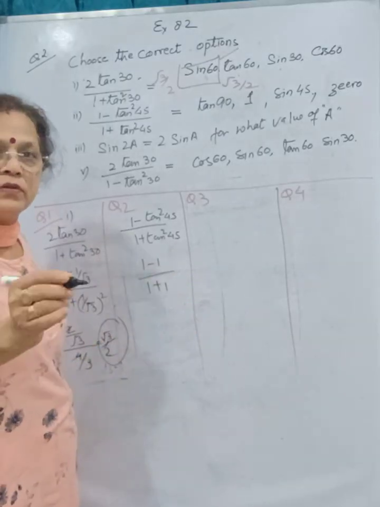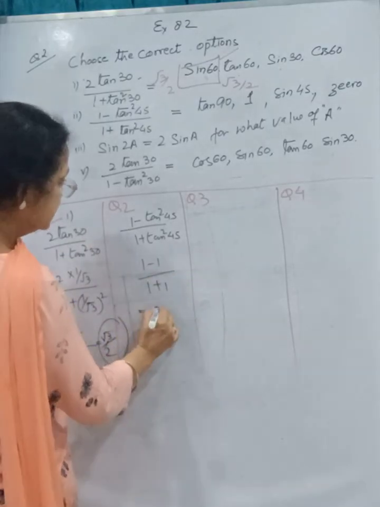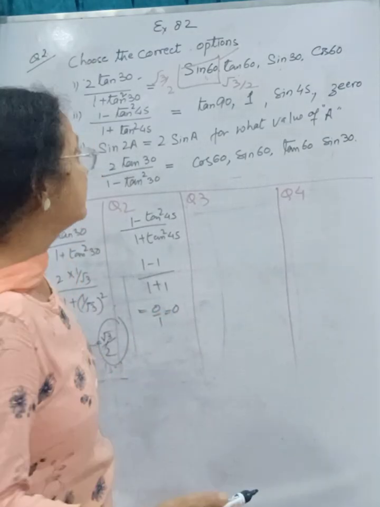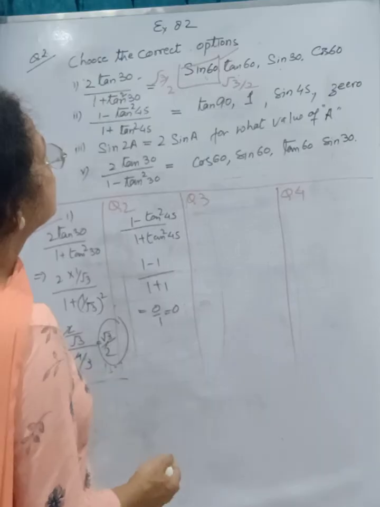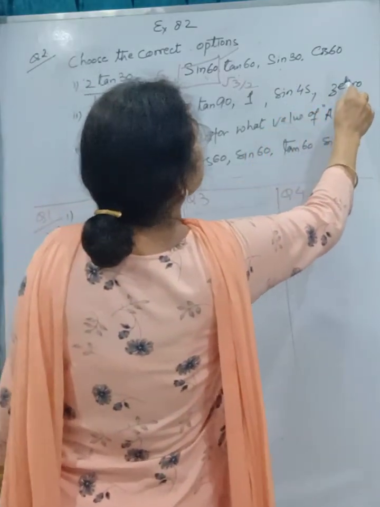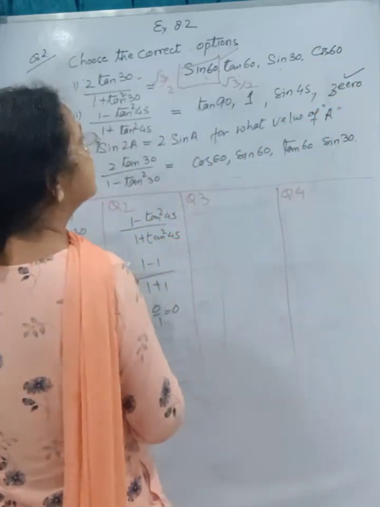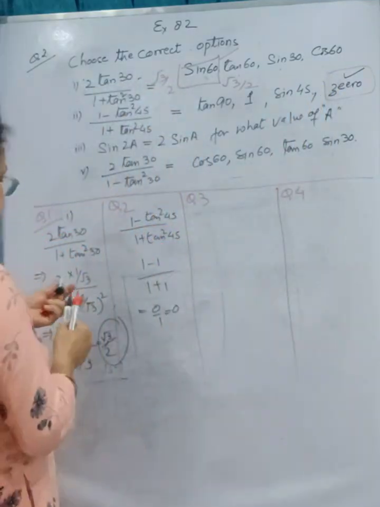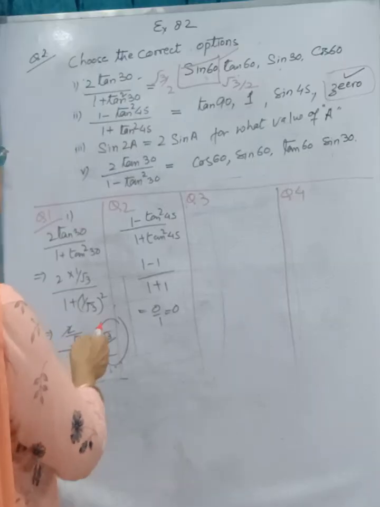Square of 1 is always 1. So that is 0. 0 upon 2 is equal to 0. And 0 is the value of what? That is sin 0. So the answer will be 0. One line answer is there.